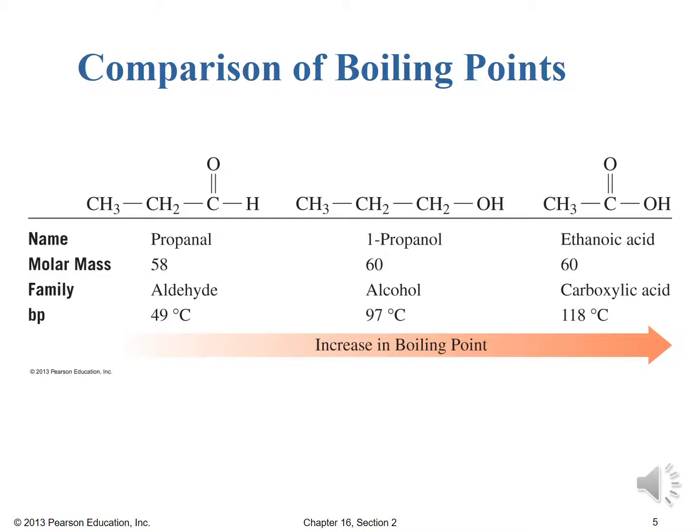If we had the corresponding ketone, it would have even a lower boiling point for roughly a mass of 58 grams per mole. So there we have it, relatively low boiling point for the aldehyde or ketone, higher boiling point for the alcohol, but higher yet, incredibly high boiling point for the carboxylic acid due to that dimer formation.